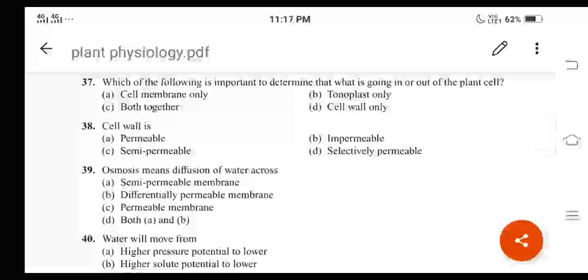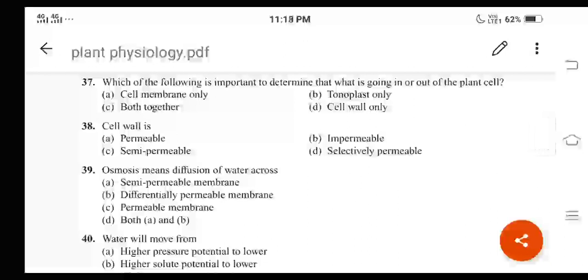Semi-permeable can allow some molecules or solvent molecules to pass through it. Selectively permeable means the membrane can allow only some selected solutes to pass through it, so we call it a selectively permeable membrane. But remember, the cell wall is said to be a permeable membrane. So option A is the correct answer.